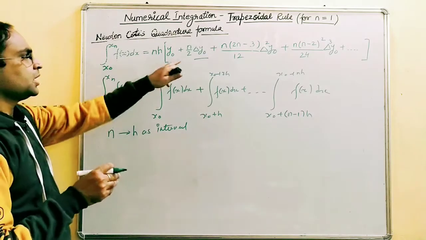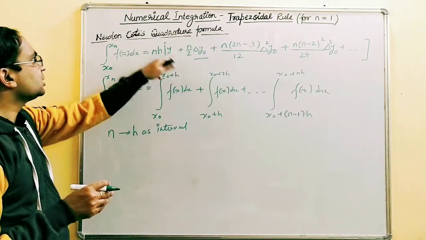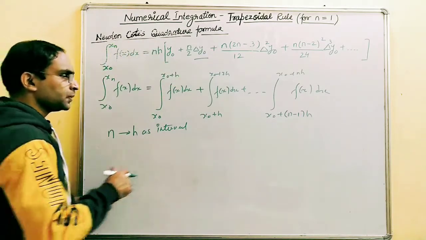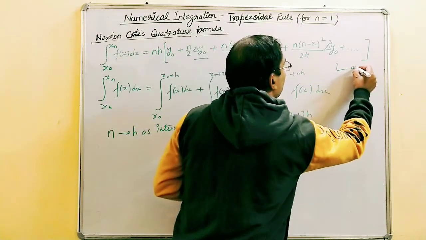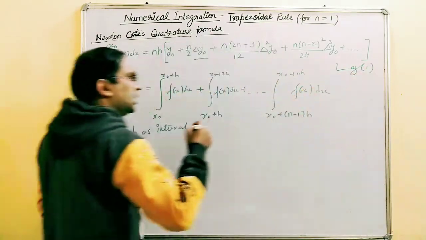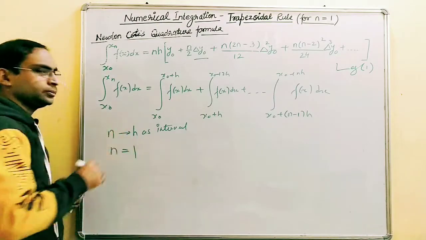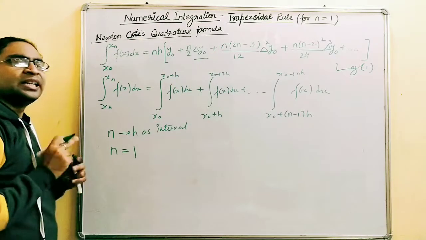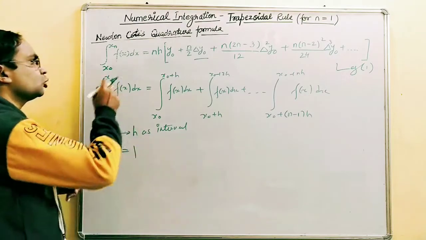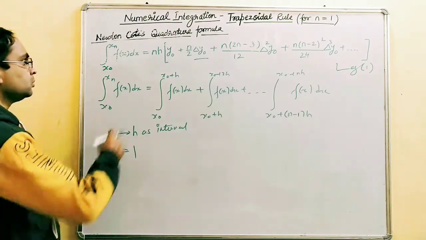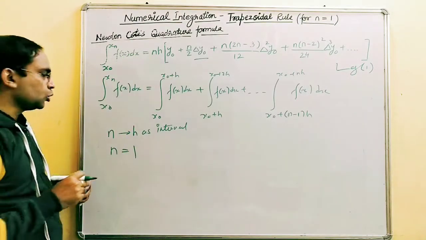Now, in this equation, the Newton-Cotes quadrature formula, let's call it equation number 1. If we substitute n as 1, for the linear polynomials, so it has to be n equal to 1, let's substitute n equal to 1 in this.